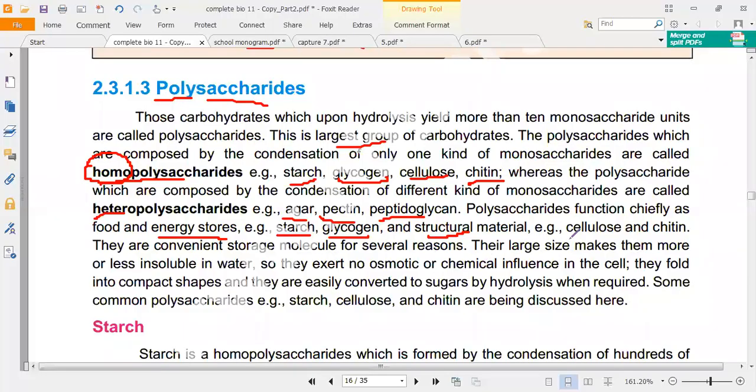So examples are cellulose and chitin. We will also see their structure and function. Then we will see, first of all, the detailed structure and function of starch.